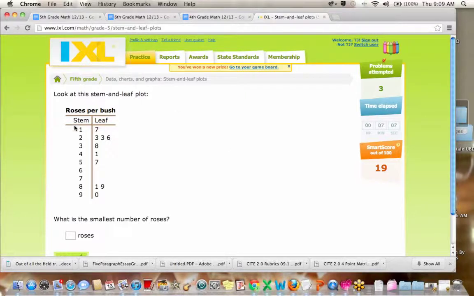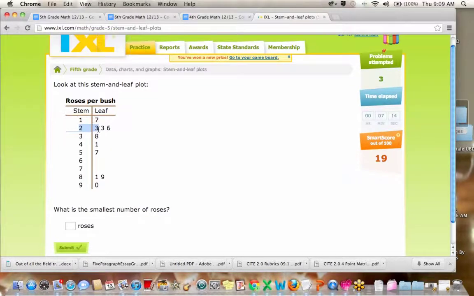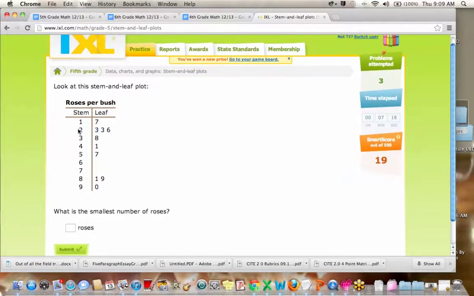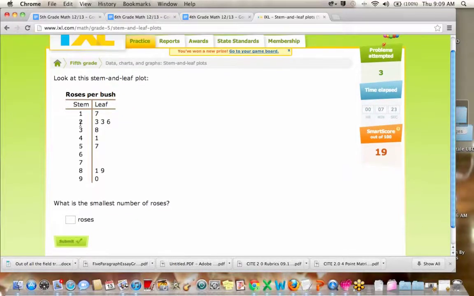So if I look at this, this represents 17. If I look at this value, that represents 23. If I look at this 2 and then this 3, that represents 23 again. If I look at the 2 and then the 6, that represents the number 26. Does that make sense, Jacob?